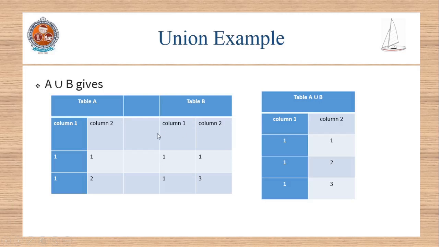Consider the example here. In this example, we have taken two tables, table A and table B, with two columns. It means the degree is 2 and the cardinality is also 2.